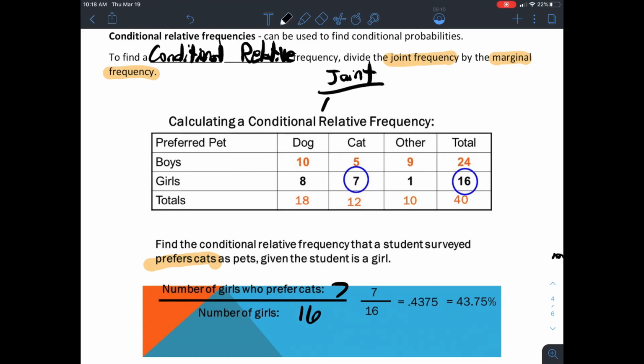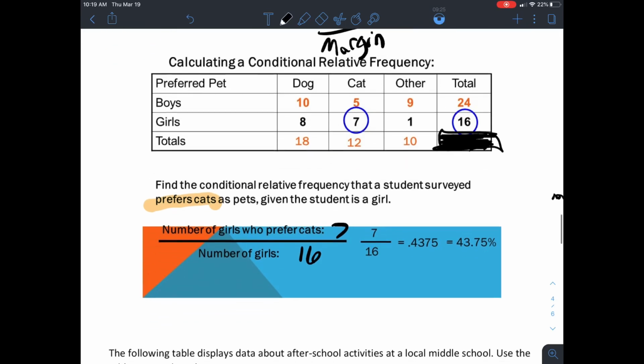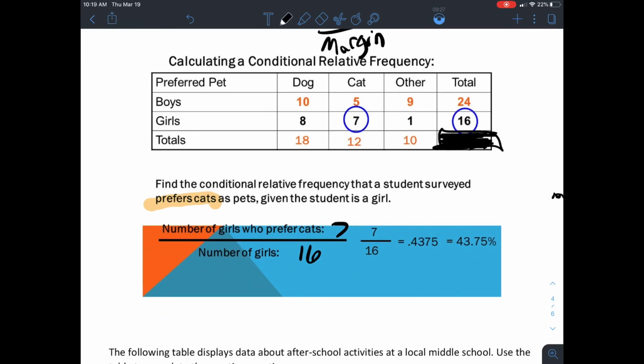So joint over margin. Notice that the grand total is no longer involved in this ratio. For conditional relative frequencies, we no longer need that grand total. Okay? So let's look at an example here.